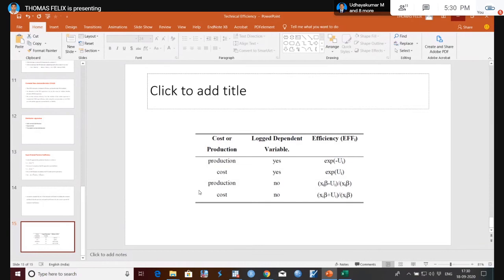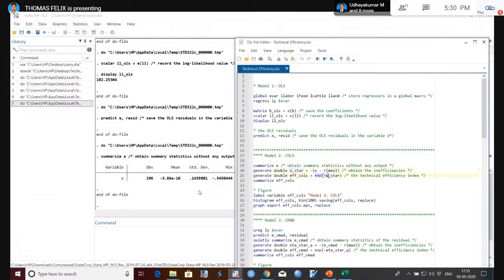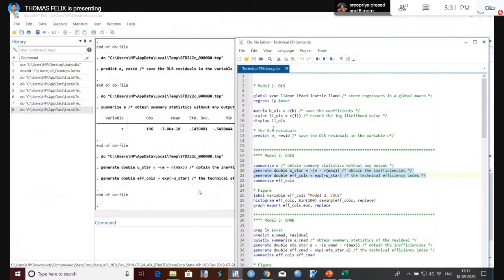So exponential of minus u is the formula to derive the efficiency, and by using this formula I can derive the efficiency.